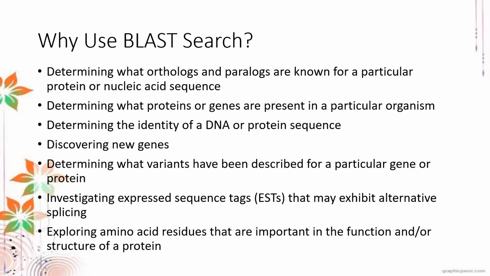And also, last in the data, but not the least, is to explore amino acid residues that are important in the function and/or structure of your protein. These are usually seen in highly conserved regions of proteins, especially in homologous proteins.